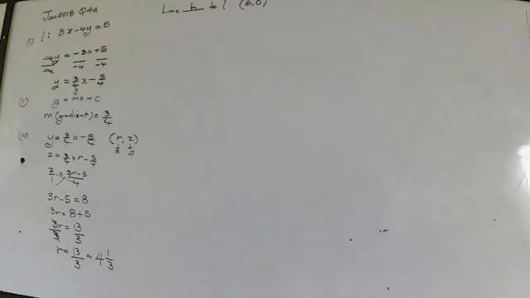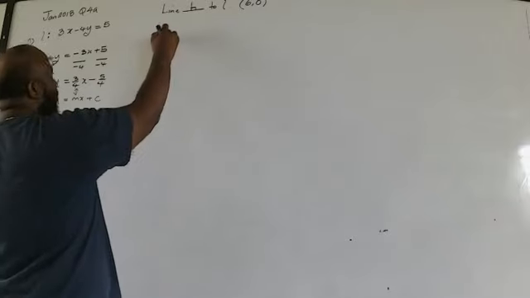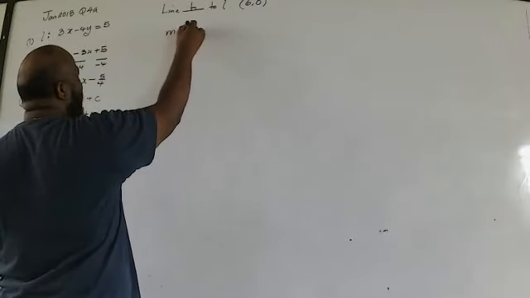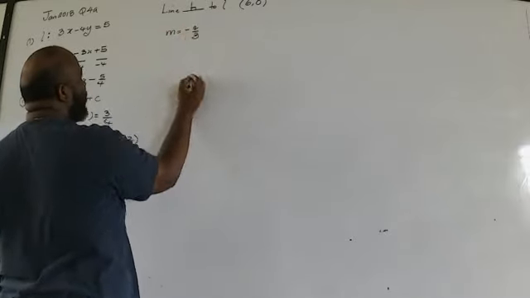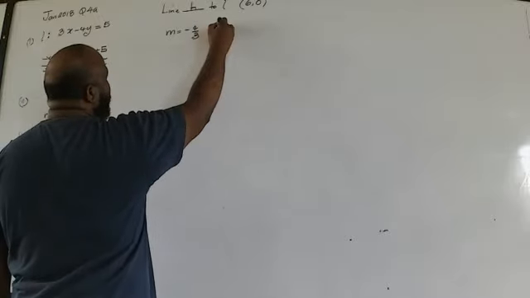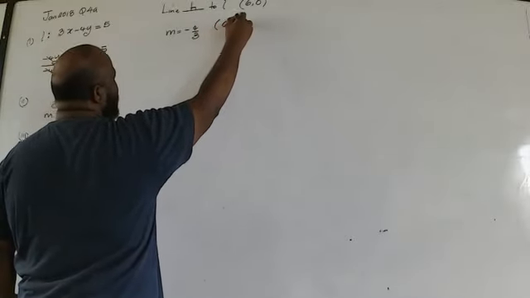What would be the gradient of a line perpendicular to L? -4/3. So m is equal to -4/3. Now, one point on the line is 6, 0.